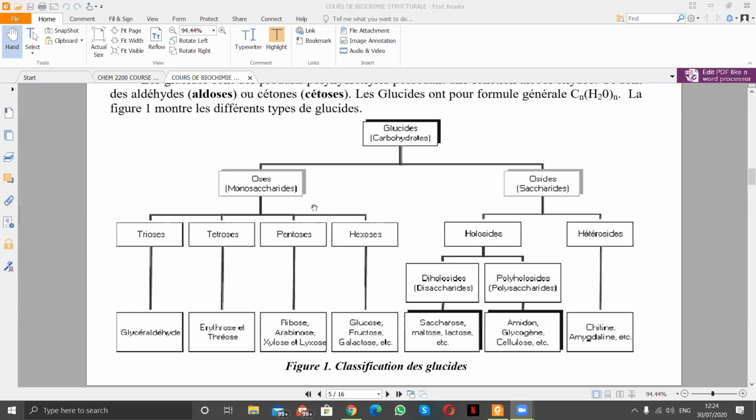They cannot be further hydrolyzed. They are non-hydrolyzable, which means they cannot be broken down. As we know, hydrolysis is simply the breaking down of a particle. They cannot be broken down to a certain degree.